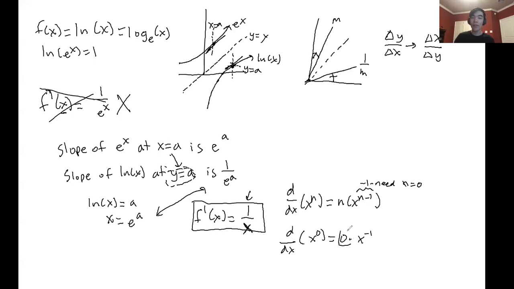The problem is you have a 0 here, so that cancels the whole thing out and you get 0. So you can never get 1 over x or similar things as your derivative from polynomials. You have to go through ln of x. And that's why ln of x is pretty important, because you can't get it through derivatives. Okay, so that's ln of x.